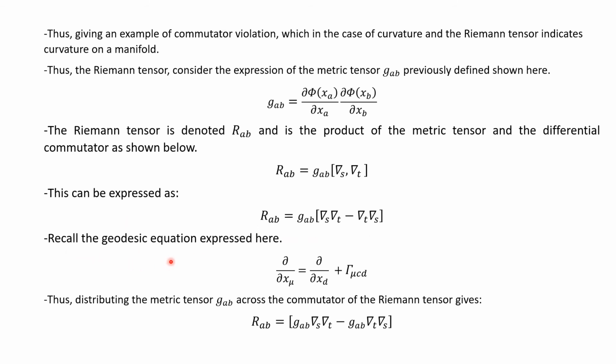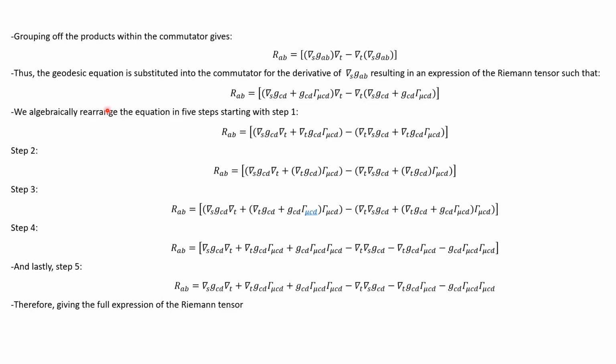Recall the geodesic equation expressed here. So we go back to our geodesic equation, which we defined in the last section for geodesics. Thus, distributing the metric tensor across the commutator of the Riemann tensor gives, as we see here, grouping off the products within the commutator gives this.